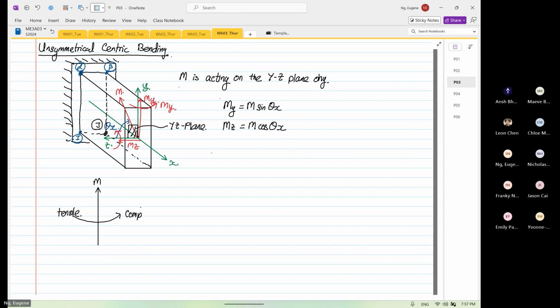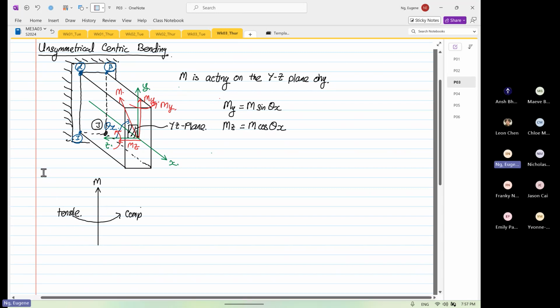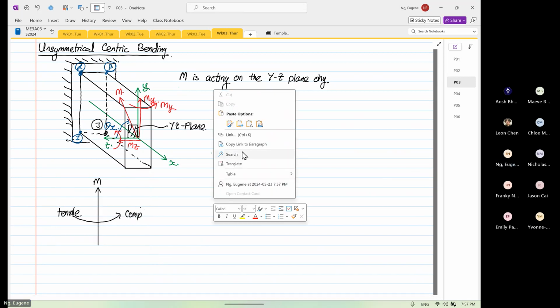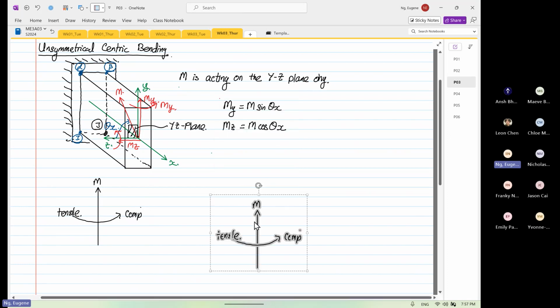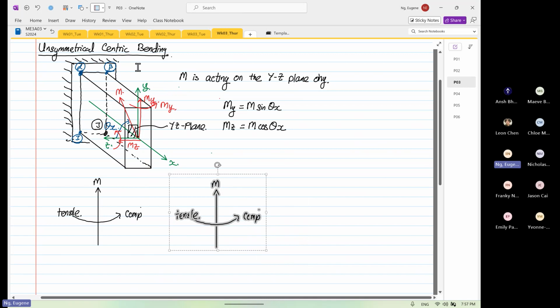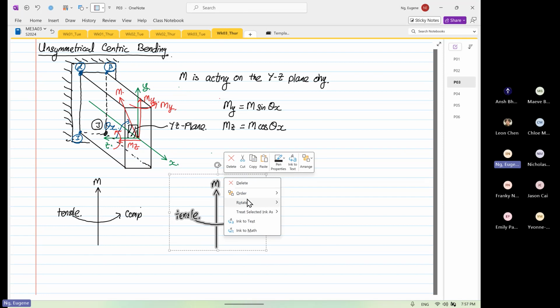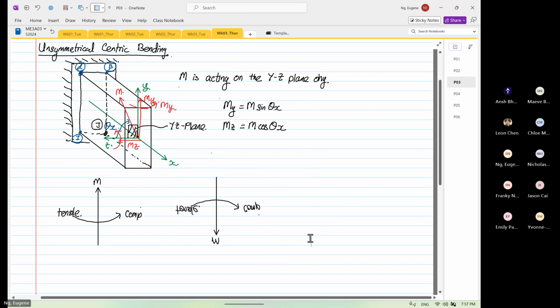Now if the moment is applied in a different direction, let me tell you what direction. Now if the moment is going downwards, so I'm going to rotate, flip vertical. Now compression is on the right hand side, tension is on the left hand side.